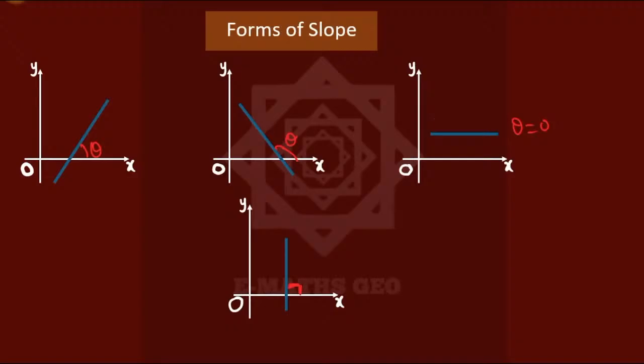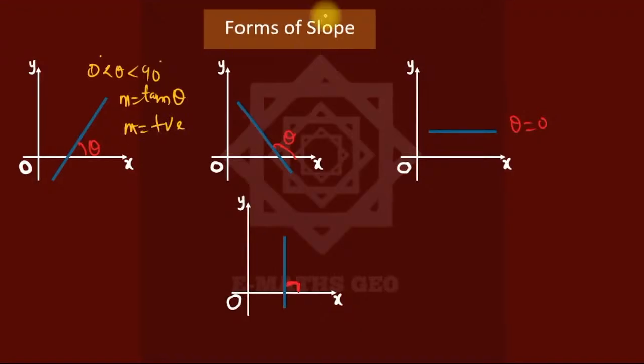The angle is between 0 and 90, and we know that slope is tan theta. The slope of a line is the tan of the angle made by the line. Since we're in the first quadrant, between 0 and 90, the tan of the angle is positive, so the slope is always positive.